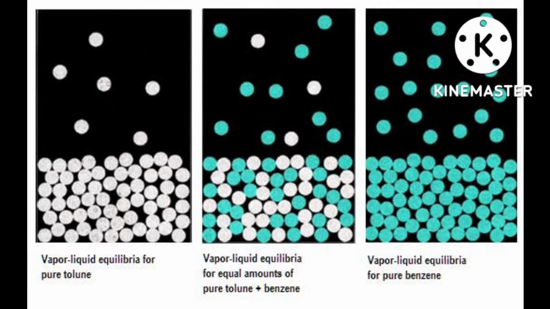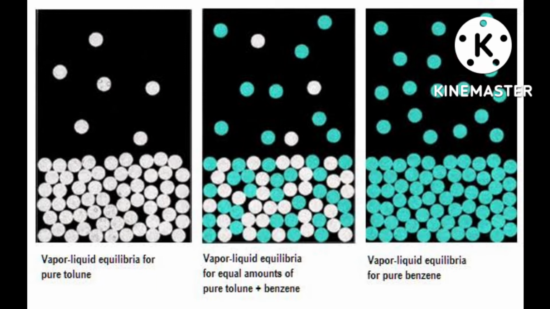Again you listen that if an evacuated container is partially filled with a liquid, a portion of liquid evaporates to fill the remaining volume of the container with vapor.